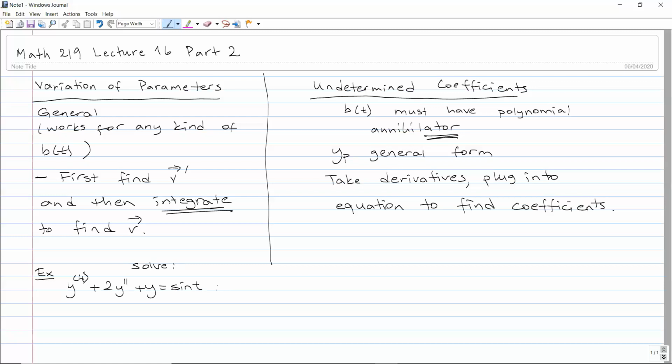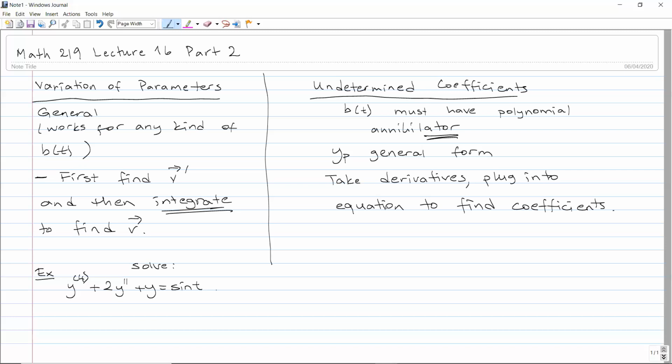Now first of all, since the function b(t) in this case is sine t, it also fits into the method of undetermined coefficients. You can also use the method of undetermined coefficients because sine t does have an annihilator, D squared plus 1. We discussed this before, but I'm going to use now the method of variation of parameters.